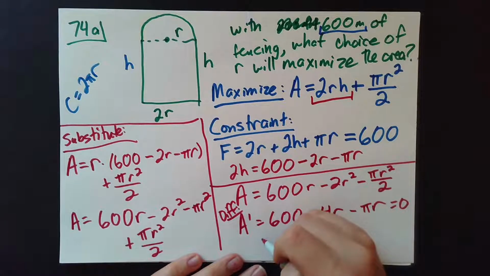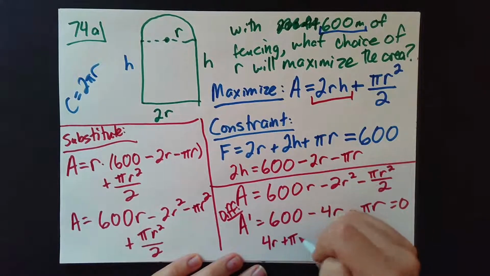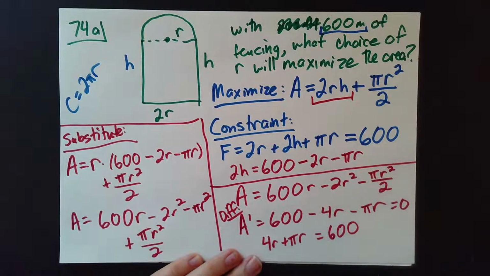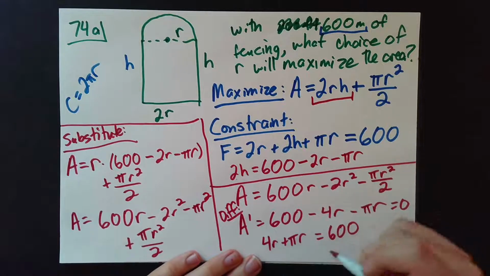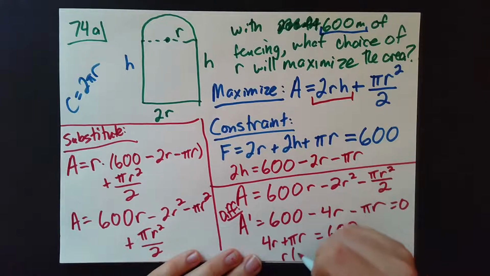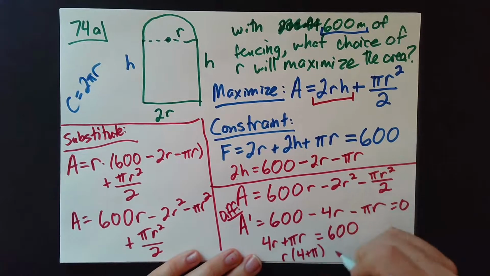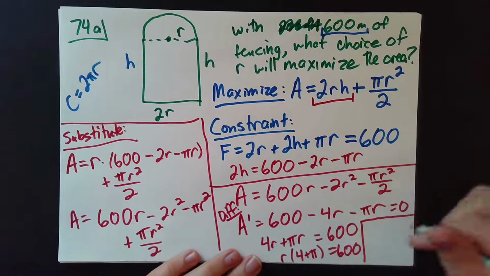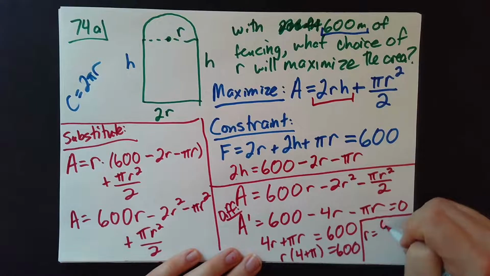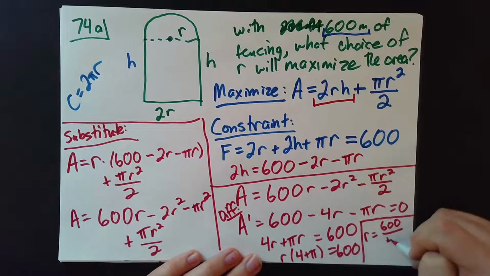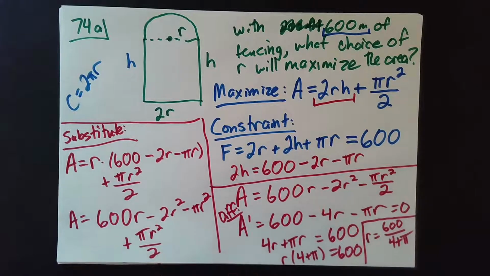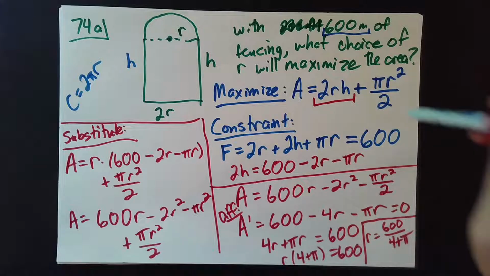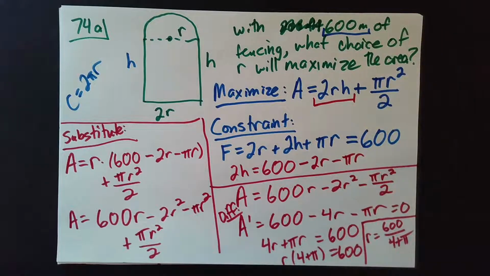That will give me 4r plus pi r equals 600. I can factor out the r. So that will give me r times 4 plus pi equals 600. And so finally, I should get that r is 600 over 4 plus pi. And in this particular problem, that's all it actually asks you for. So that is our answer, because it asks what choice of r. We've given them the choice of r.